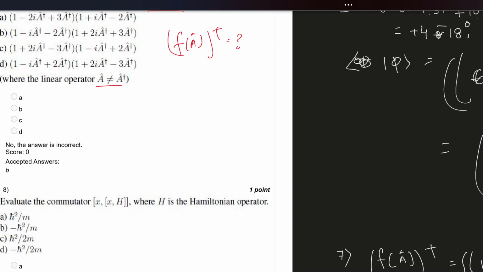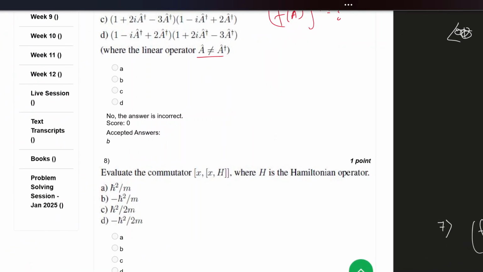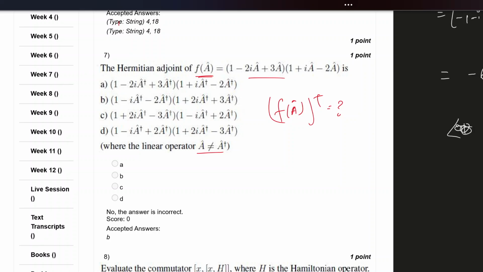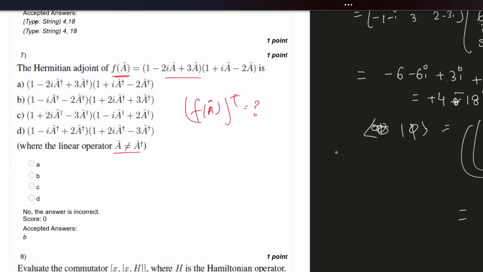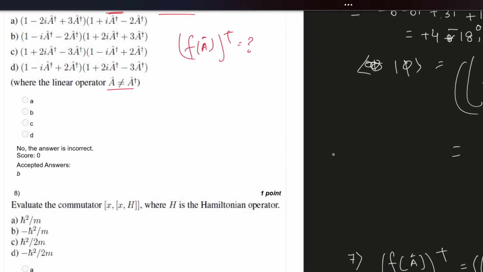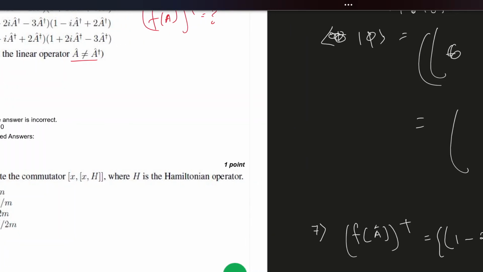So dagger means transpose conjugate, right? Let us not go into that because they are only asking for the expression. So B dagger A dagger is basically this. If you take dagger on this, it becomes 1 minus i A dagger minus 2, because this is real, A dagger.